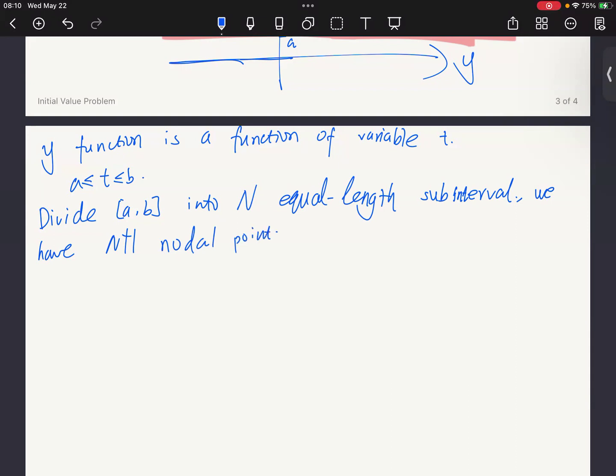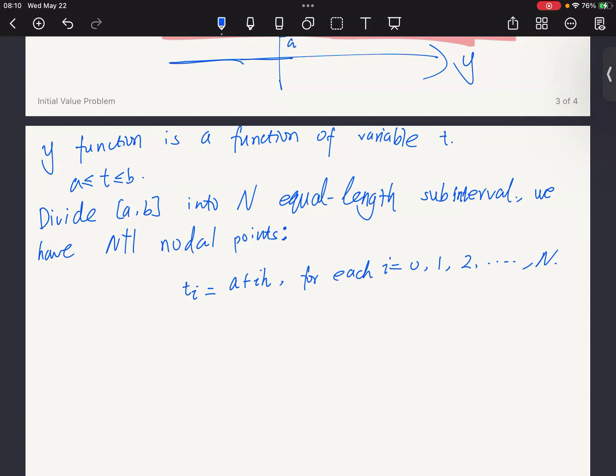So we are dividing the domain for t. The nodal point t_i equals a plus i h, where i equals 0, 1, 2, up to n, because we have n plus 1 nodal points here.